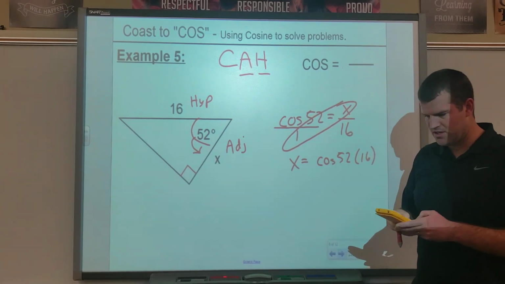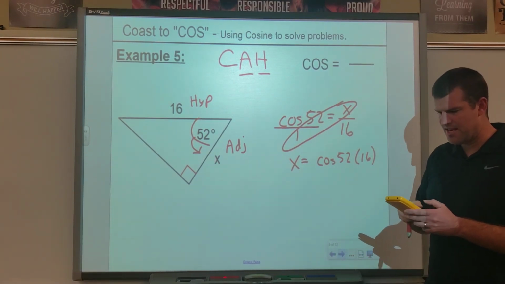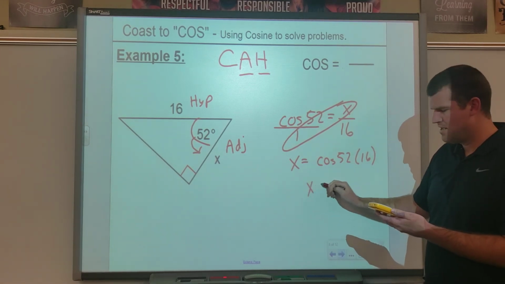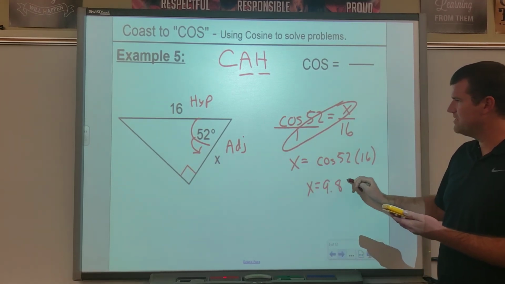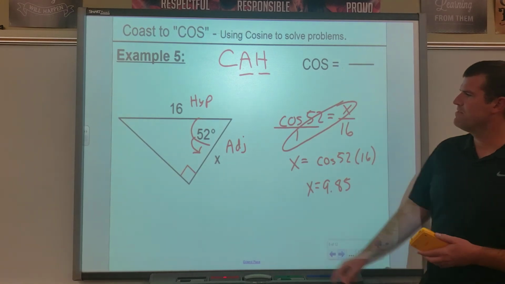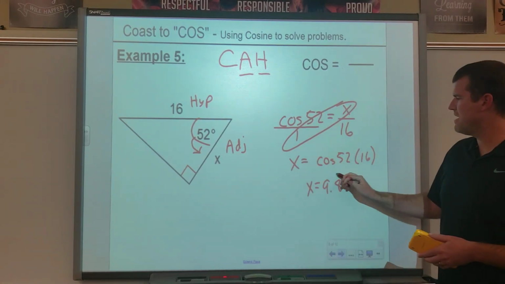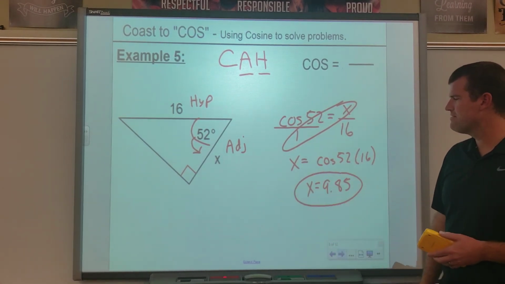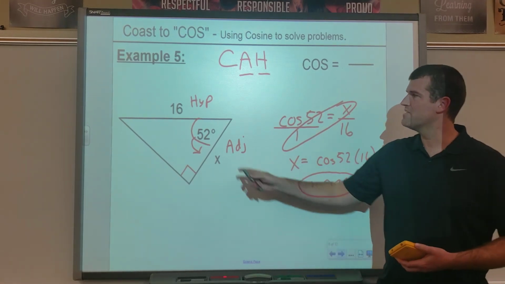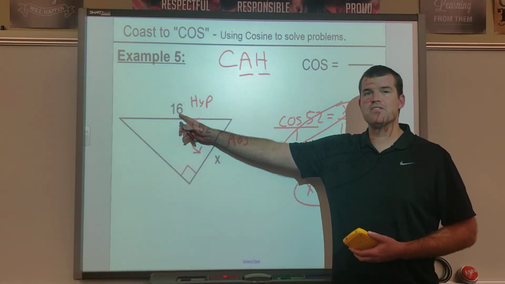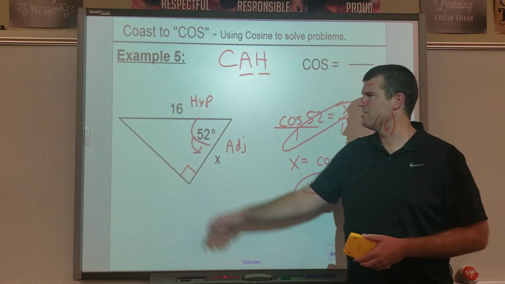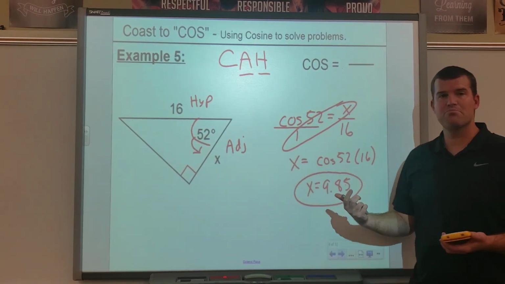So cosine 52 times 16 gives me 9.85. So the length of this adjacent side is about 9.85 units, which is reasonable because it has to be smaller than the hypotenuse. So that number seems pretty reasonable.